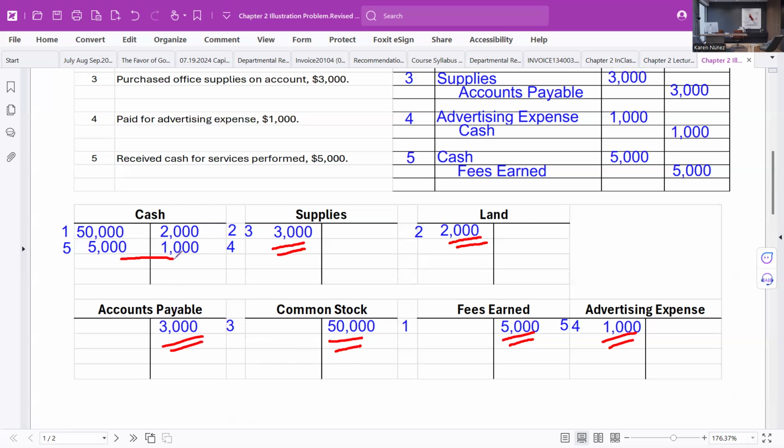But what's the balance in the cash account? Because you've got 4 items here, 2 debits and 2 credits. Well, we've got to net all these, remember? So it's the 50,000 plus the 5,000 minus the 2,000 minus the 1,000 is going to equal what we call the balance in this account, right?